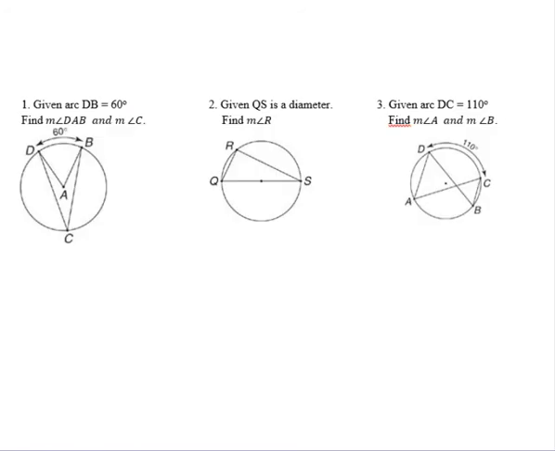Here are just some example problems now of what we're looking for when we go to solve. It says that given arc DB is equal to 60, find the measure of angle DAB and the measure of angle C. So essentially I'm solving for this angle and this angle. Hopefully what you notice is that angle DAB is a central angle, and that angle C is inscribed.